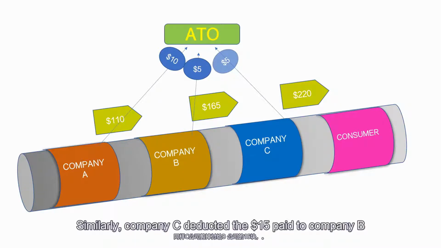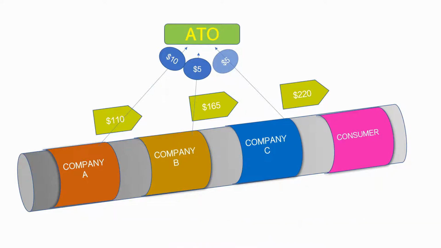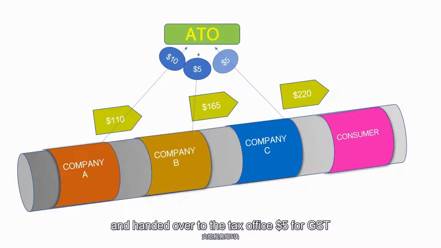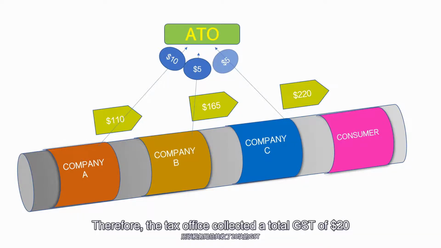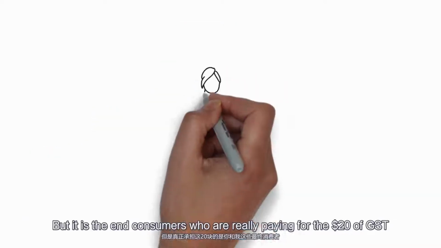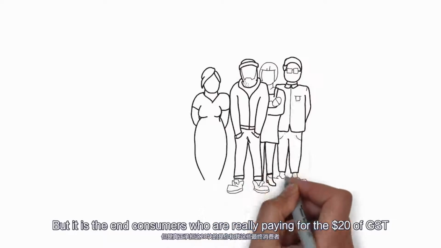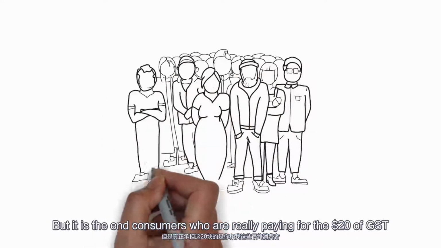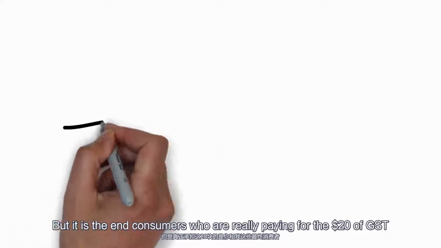Similarly, Company C deducted the $15 paid to Company B before and handed over to the tax office $5 for GST. Therefore, the tax office collected a total GST of $20, but it is the end consumers who are really paying for the $20 of GST in total.